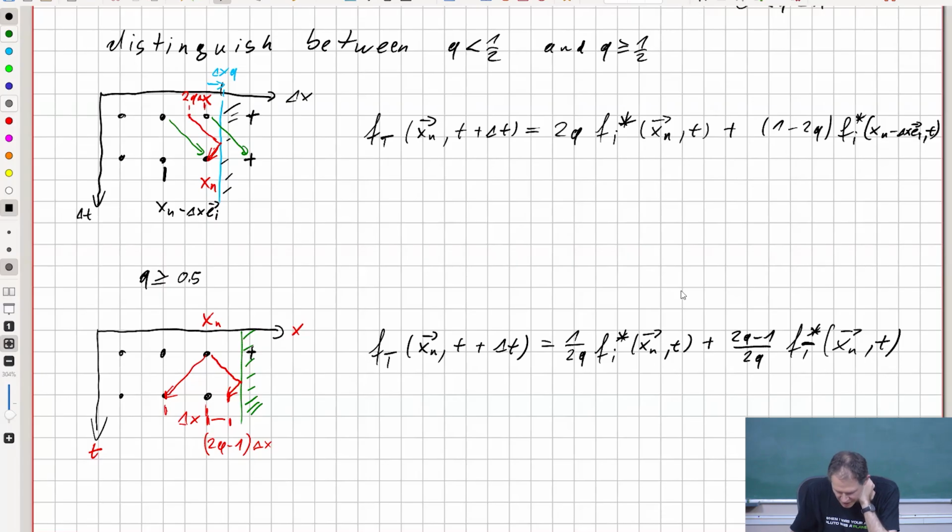So I take the one that is already going in the fi over bar direction, whereas this here is fi. So I take the one that goes into the other side and combine this with this one and do the interpolation after the streaming. So in the first case, I do the interpolation before the streaming, and in the second case, I do the interpolation after streaming.